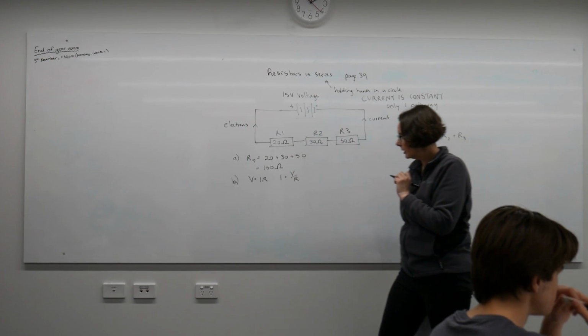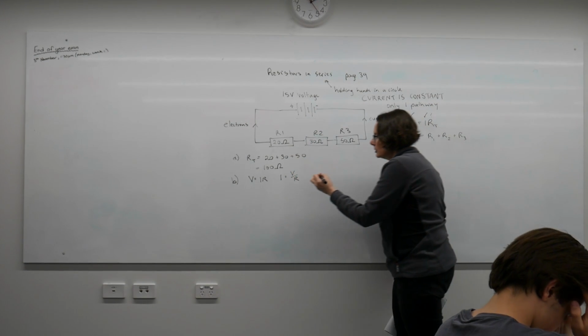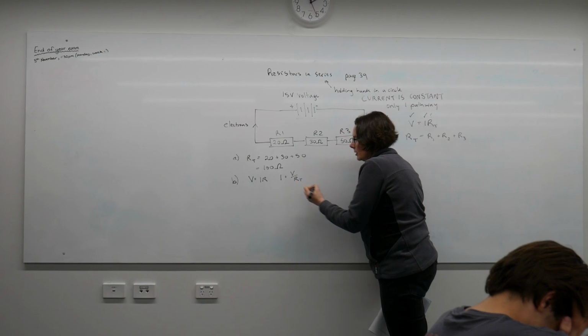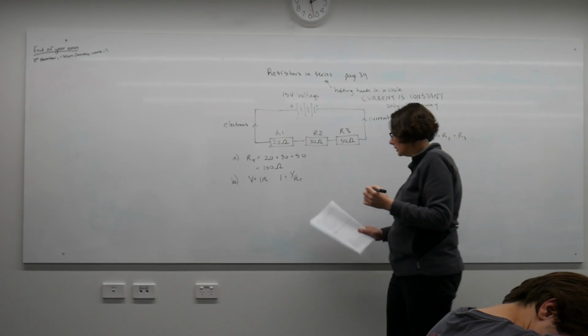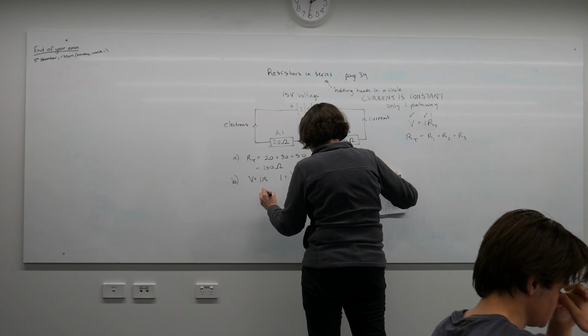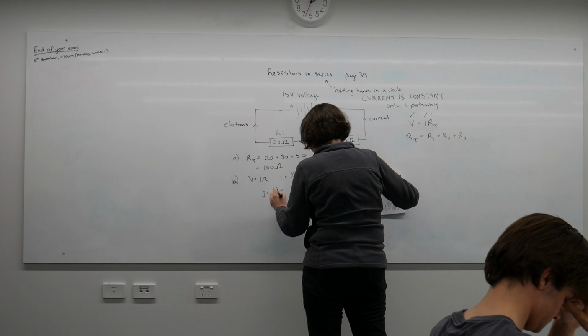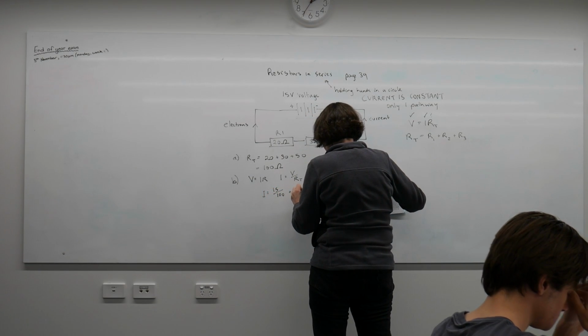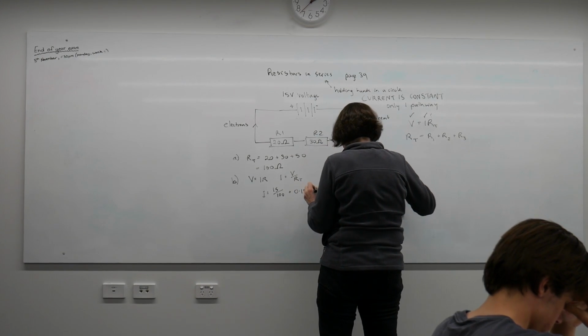We have to divide both sides by R, but this has to be the total resistance of the circuit. And so I will equal 15 divided by 100, 0.15 amps.